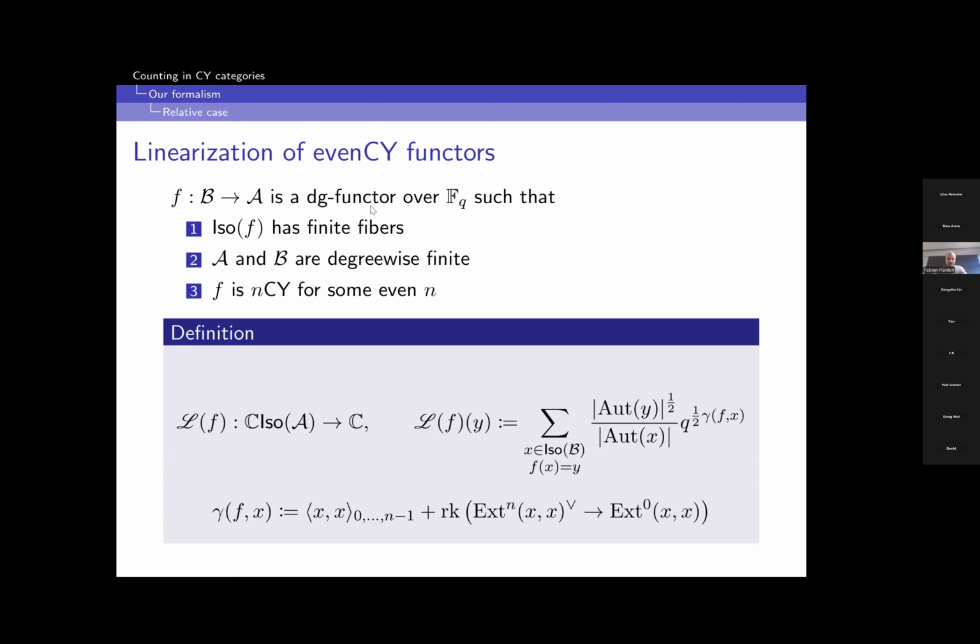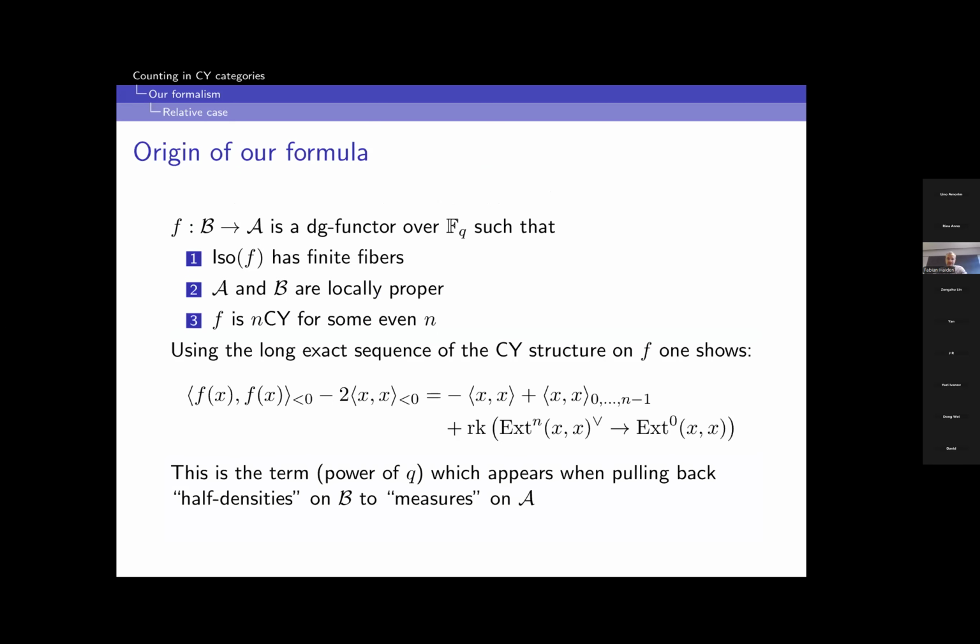Right. So when you have one of those functors, we now define what is, if you have a half density on A and you pull it back to a measure on B and then integrate that in some sense. So that's a map from complex linear combinations of isomorphism classes of objects in A to the complex numbers. So let's think of this as integrating these elements. And it has an explicit formula, and that formula comes from this previous thing here.